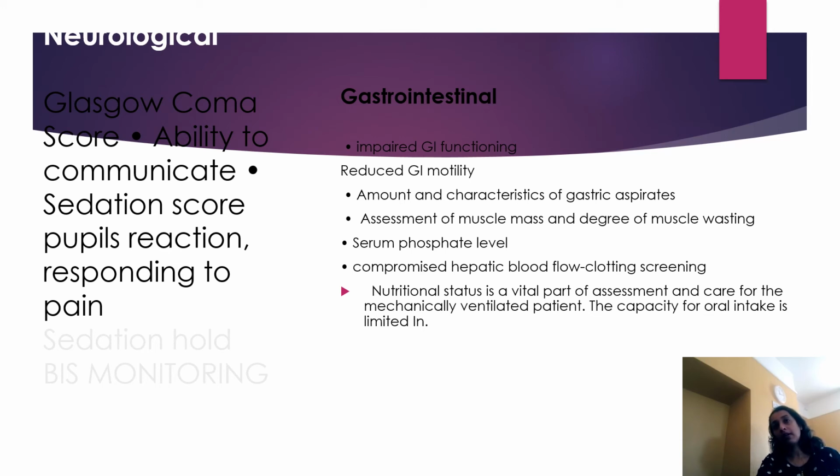So as a bedside nurse, you should also be aware along with the doctors that any replacement is needed for all these things. So compromised hepatic blood flow, clotting screening, nutritional status is very important.